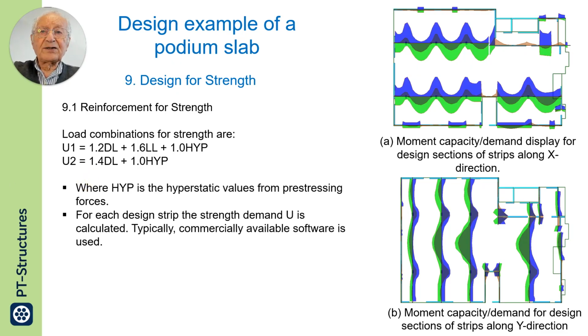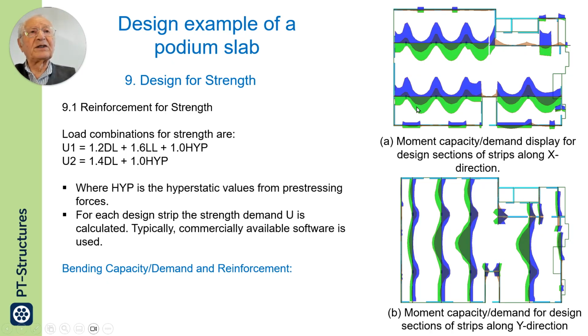In each design, for each design strip, the strength demand U is calculated, and the demand is matched against the bending capacity. Now, this diagram on the right describes very clearly the concept. Let us look at the top right.